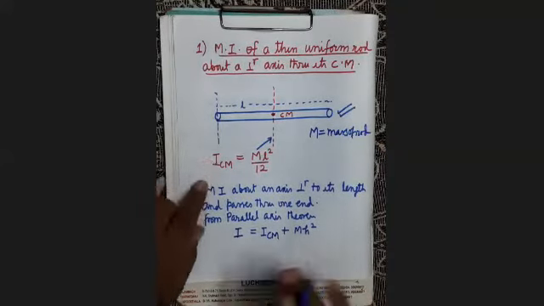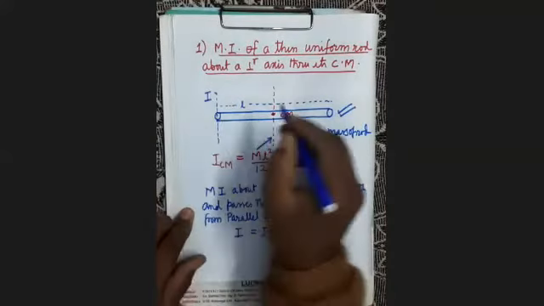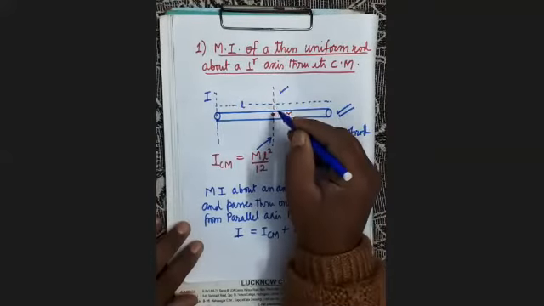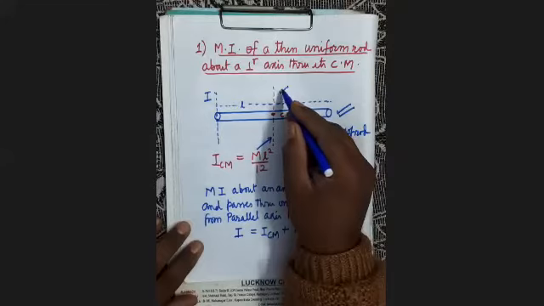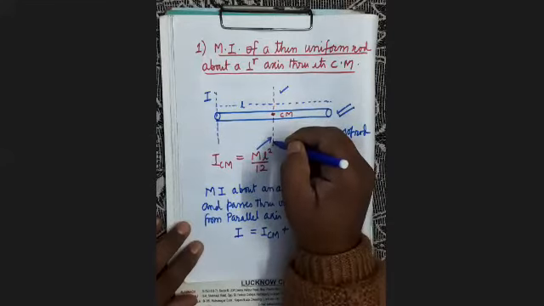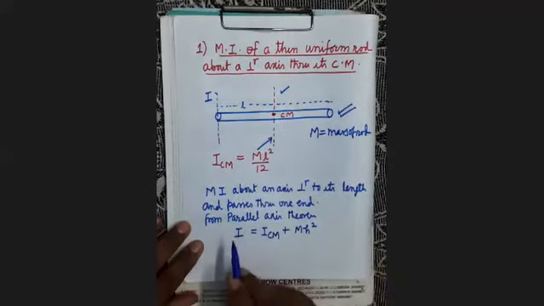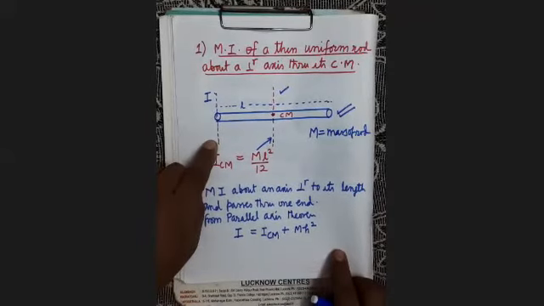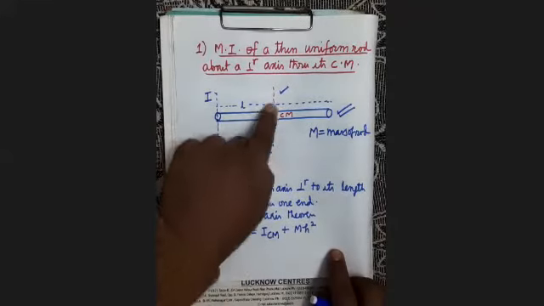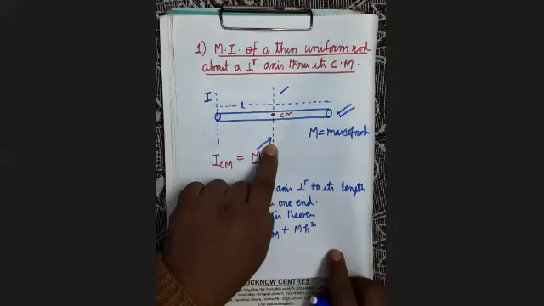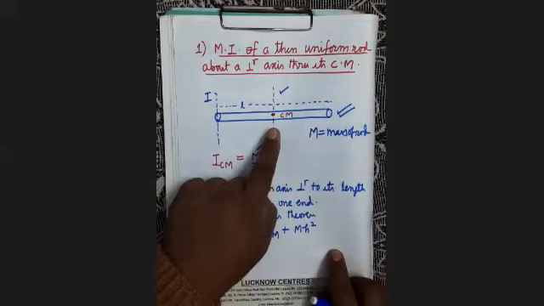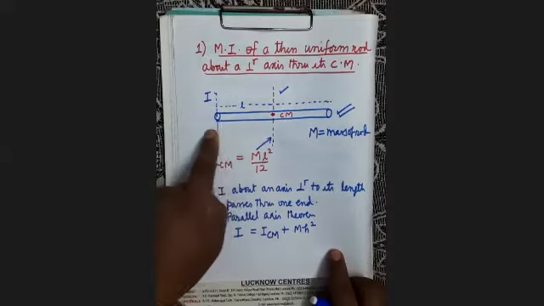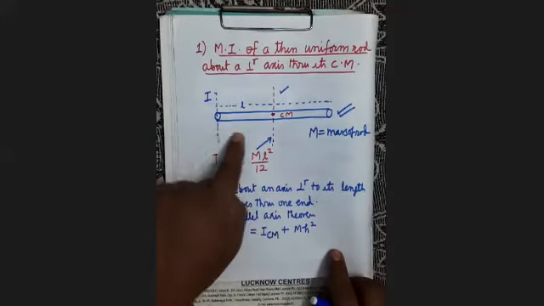Mi about this axis will be equal to moment of inertia about a parallel axis through the center of mass plus product of mass and square of distance between both the axes.